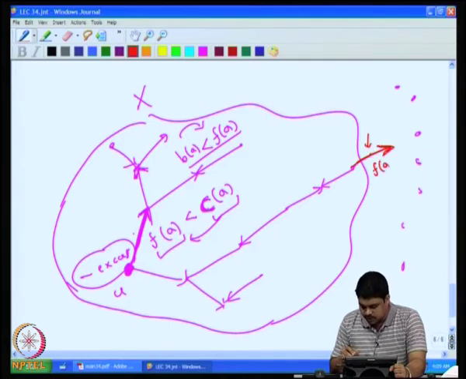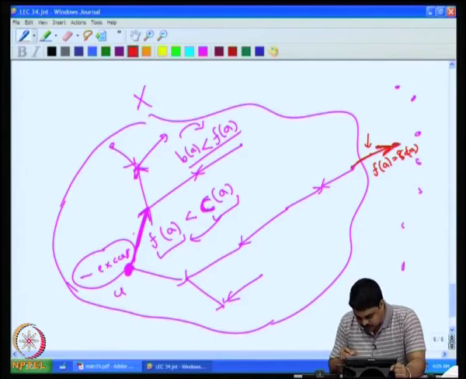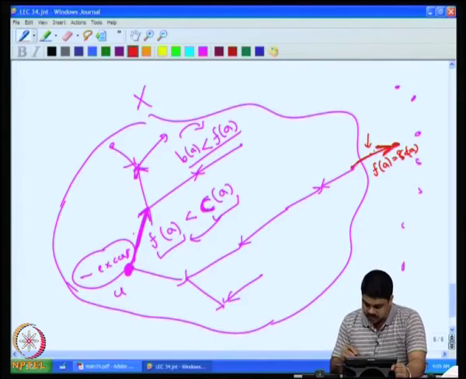Then f of a equals c of a. Otherwise, if f of a was strictly less than c of a, then we could have got this vertex also in x, because this vertex is reachable from u via an improvable path up to here, and then we could have used this arc to get in.